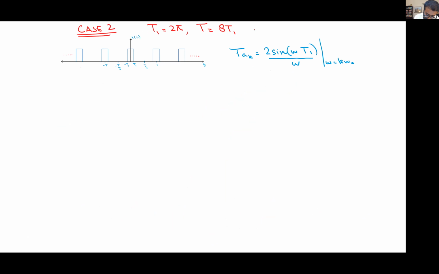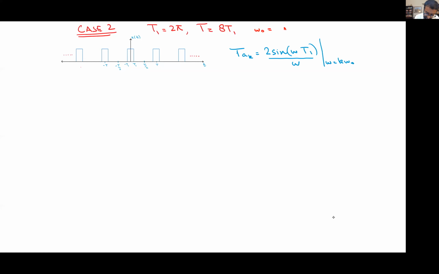Omega naught here is equal to 2 pi divided by T, and therefore this is going to be 2 pi by 8 times 2 pi, which is 1 by 8. So this turns out to be equal to 0.125 radians per second.